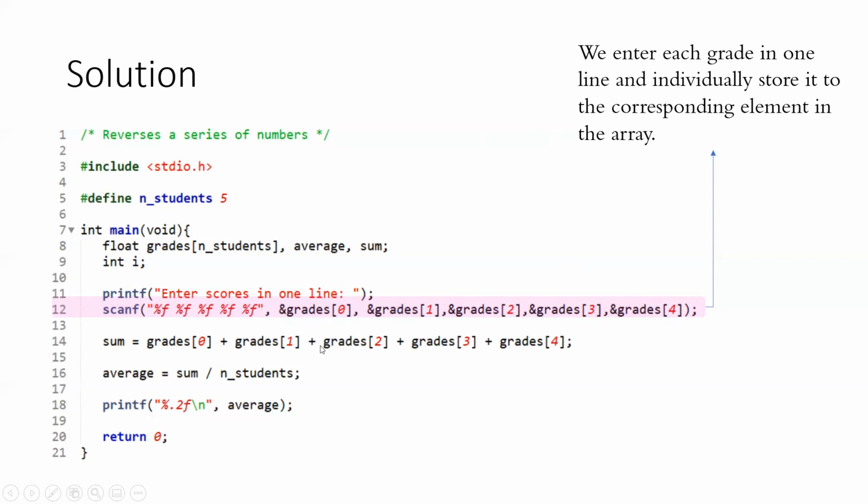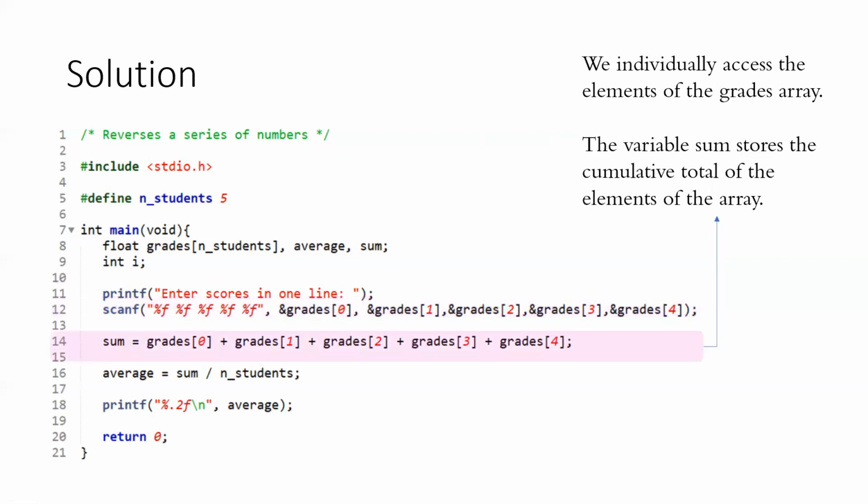Grades of 1 maps to this, grades of 2 maps to this, and so on. Later, we individually access the elements of the grades array, and the variable sum stores the cumulative total of the elements of the array. Grades of 0 will have the value that is first entered by the user.